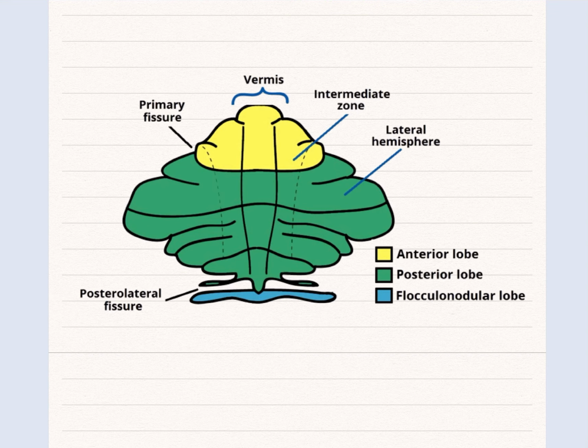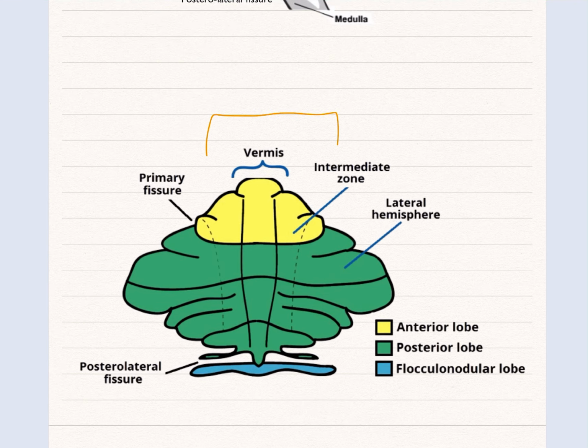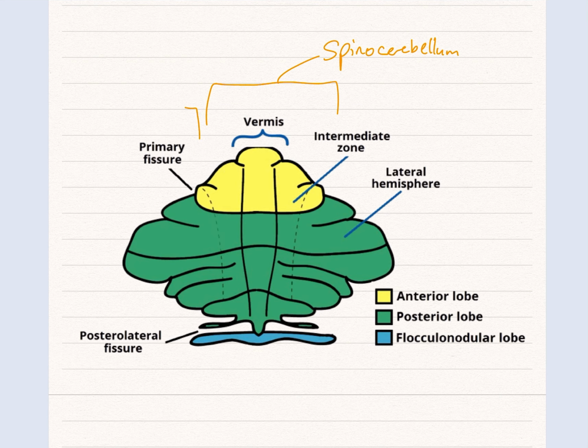So what that kind of looks like is, if we say this bit here is the spinocerebellum, and then the lateral hemispheres is the pontocerebellum.